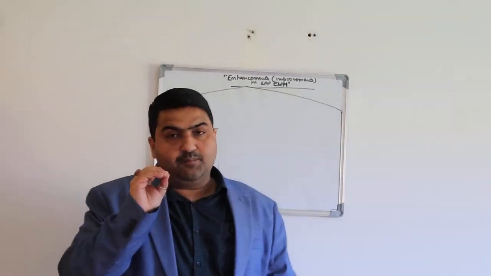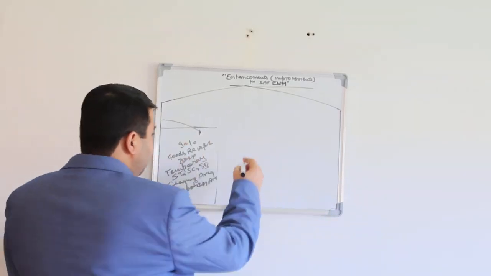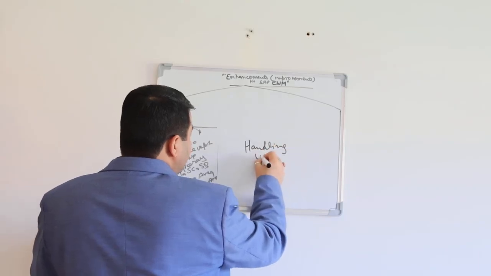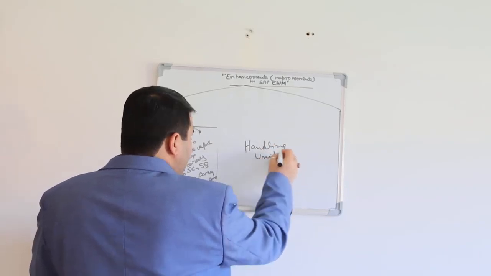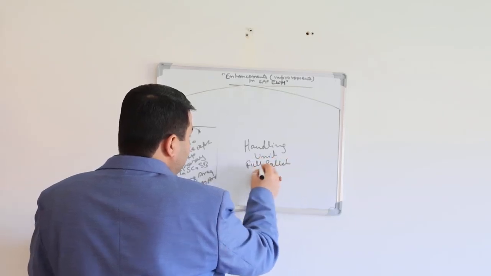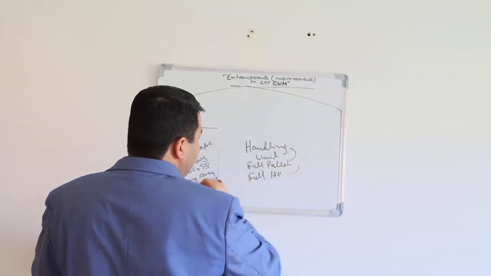When we receive the product from the supplier or vendor in the form of a handling unit, a full pallet, a full HU, all are the same thing.